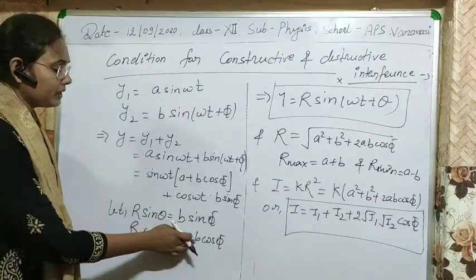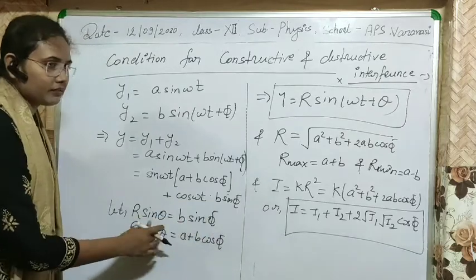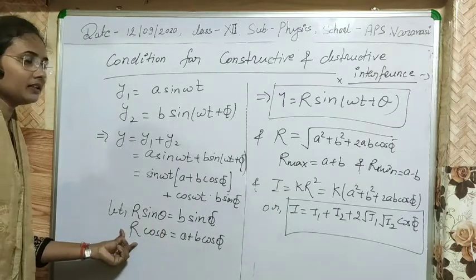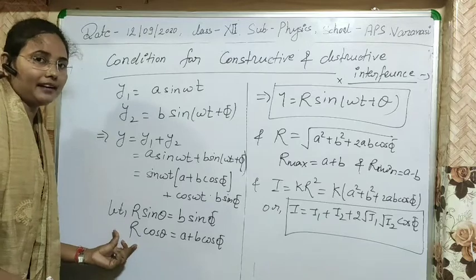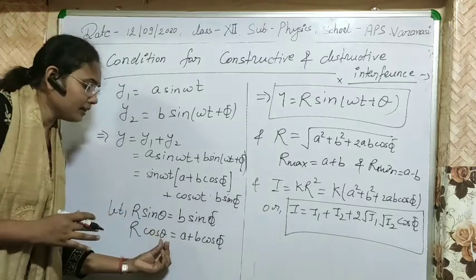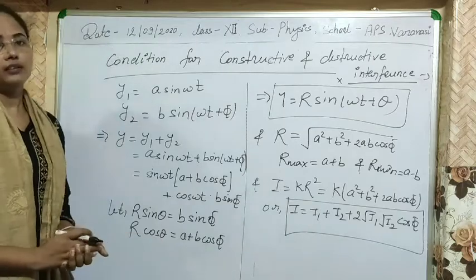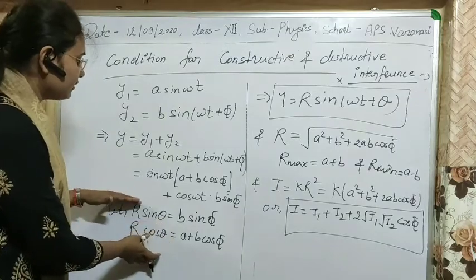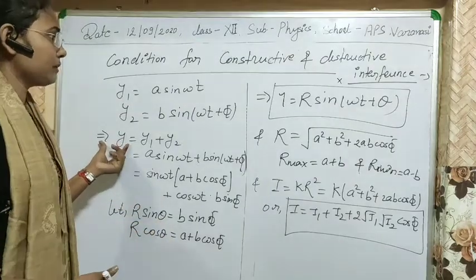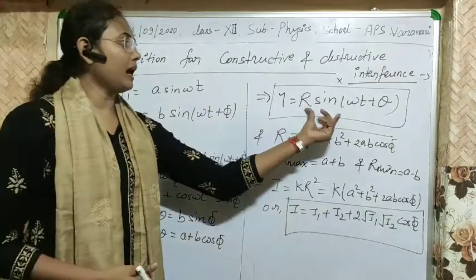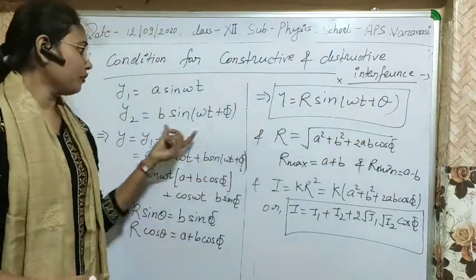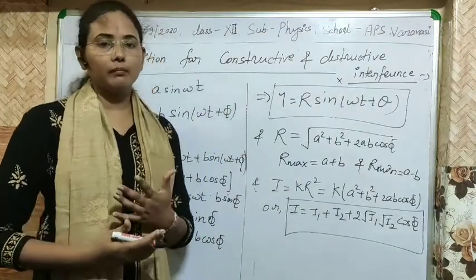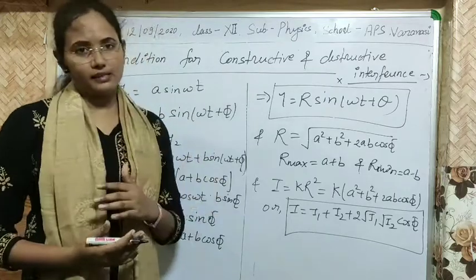Since a and b are constants, we can easily replace the angle phi with the new angle, where r is the resultant amplitude of the light wave after superposition and theta is the resultant phase. From this we find the displacement of the resultant wave, r sin(omega t + theta). This is also a harmonic wave, meaning after superposition of light waves we again get a light wave traveling forward in the same direction.